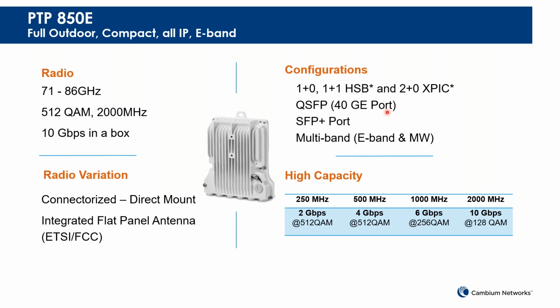And the radio has a 40 gig interface built in. The reason is we can support a 2+0 configuration. When we use adjacent channels or different channels in combination, we can put one radio as a host and connect the other radio to it, so we can combine the 10 gig throughputs to provide a single cable running 20 gig.